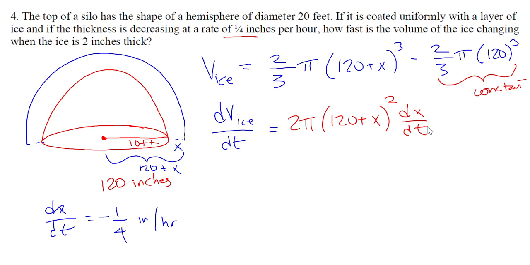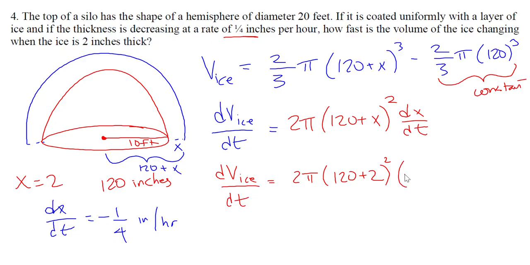We're interested in what's going on when the thickness of the ice is 2 inches. So we'll plug in 2 for x, and negative 1/4 for dx dt, and dV sub ice dt is just going to be 2 pi times 120 plus 2 squared times negative 1/4.